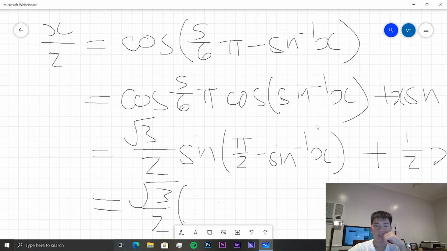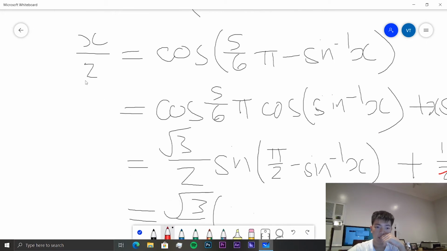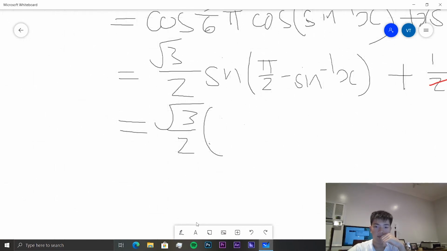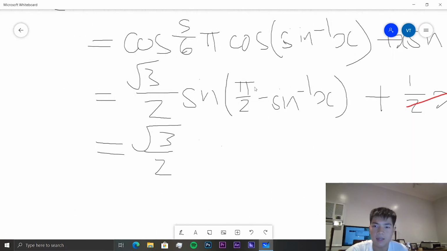Oh, wait, no, that's interesting. Hold on. So we can cancel this out with the x over 2 on this side. And so we're left with root 3 over 2 sine, or I mean cosine sine negative 1 x, I guess.